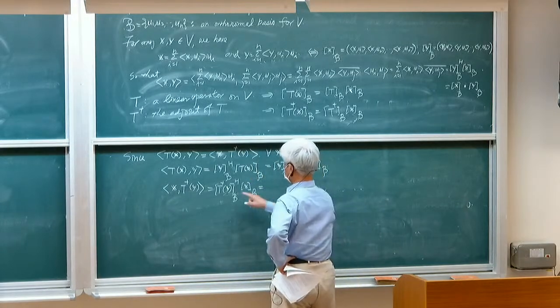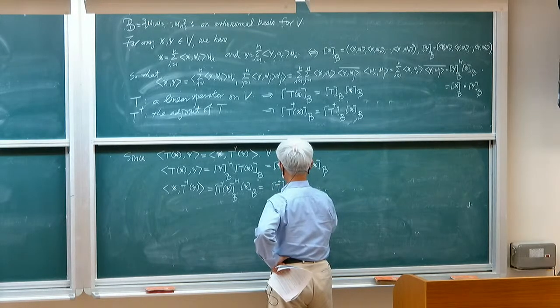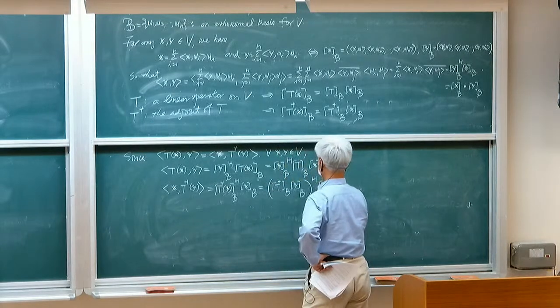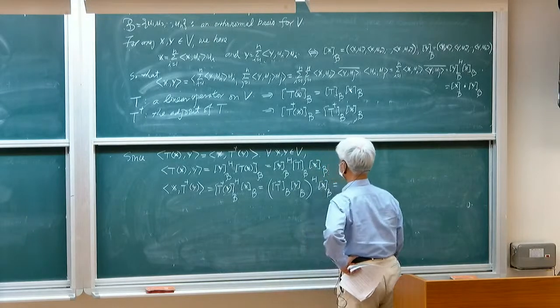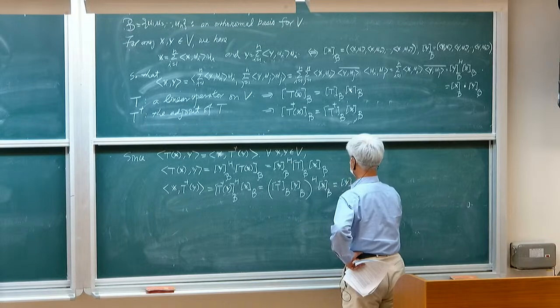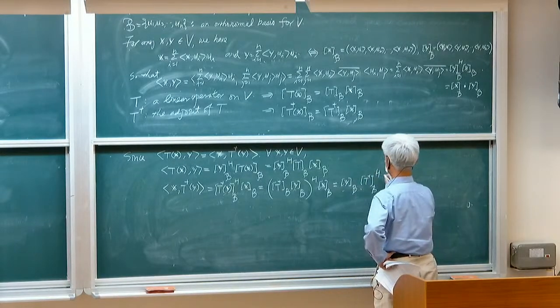Right? But this one is T dagger B and the y_B, you take the Hermitian, and the x. Okay? So finally you have y and T dagger B Hermitian and the x.